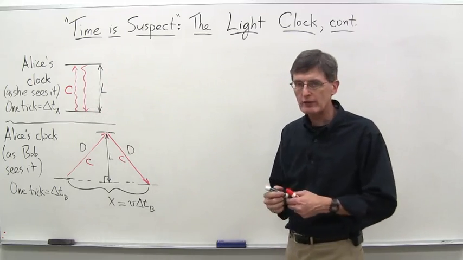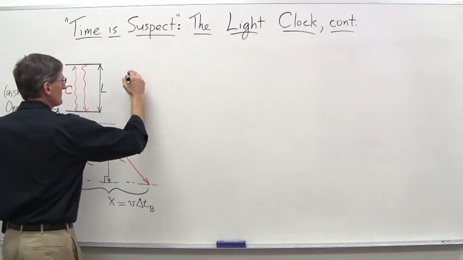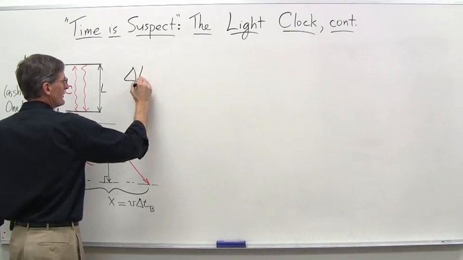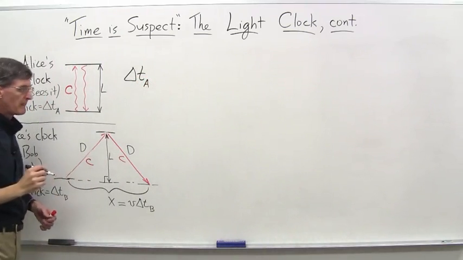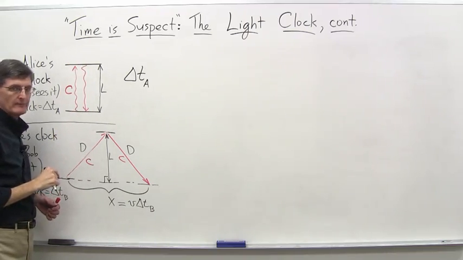In fact, let's write an equation then for delta T sub A. So we've got delta T sub A is going to be the travel time up and back down again.